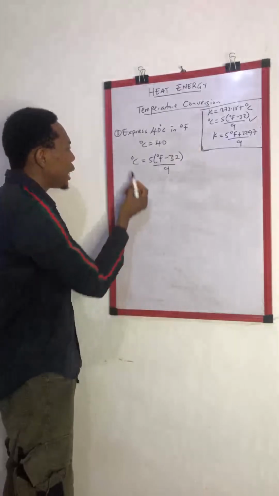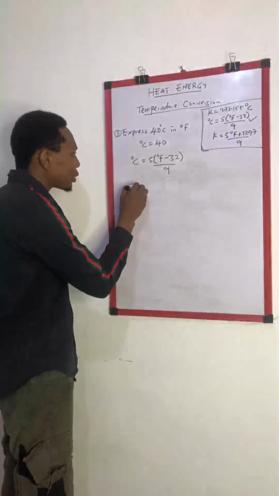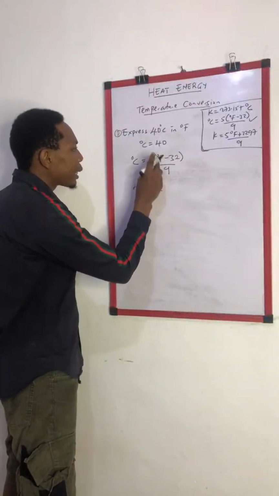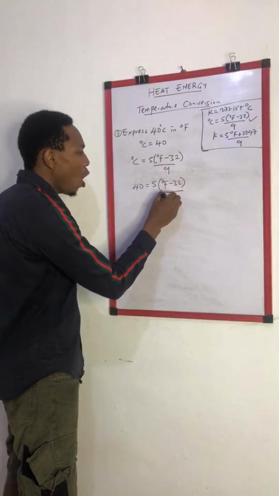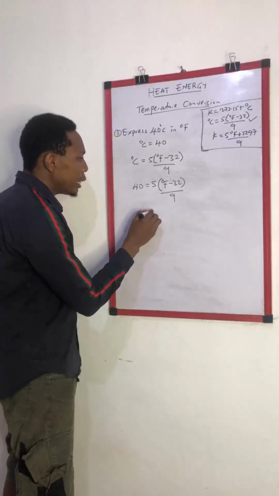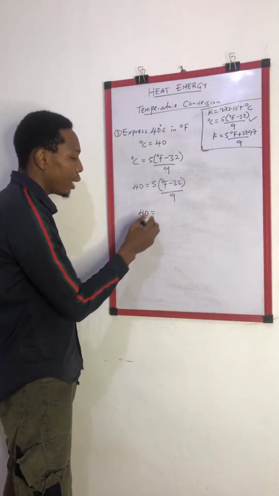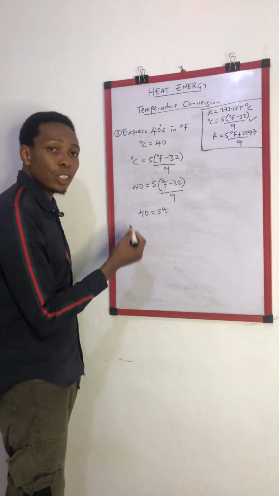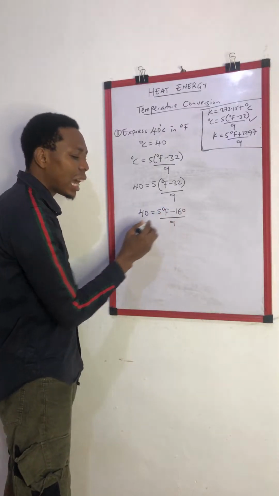You are asked to convert it to degree Fahrenheit. So what do you do here? Our degree Celsius is 40. So we have 40 equals 5 bracket, we are looking for degree Fahrenheit, minus 32, then all over 9. So from here we have 40 equals, use this 5 to open up the bracket: 5 times degree Fahrenheit, 5 degree Fahrenheit, and 5 times minus 32, we have minus 160, then all over 9.